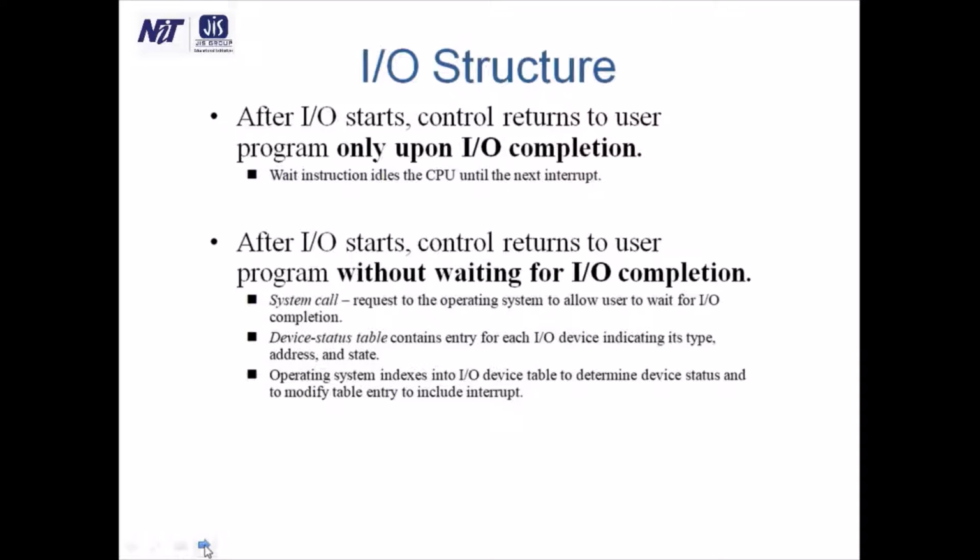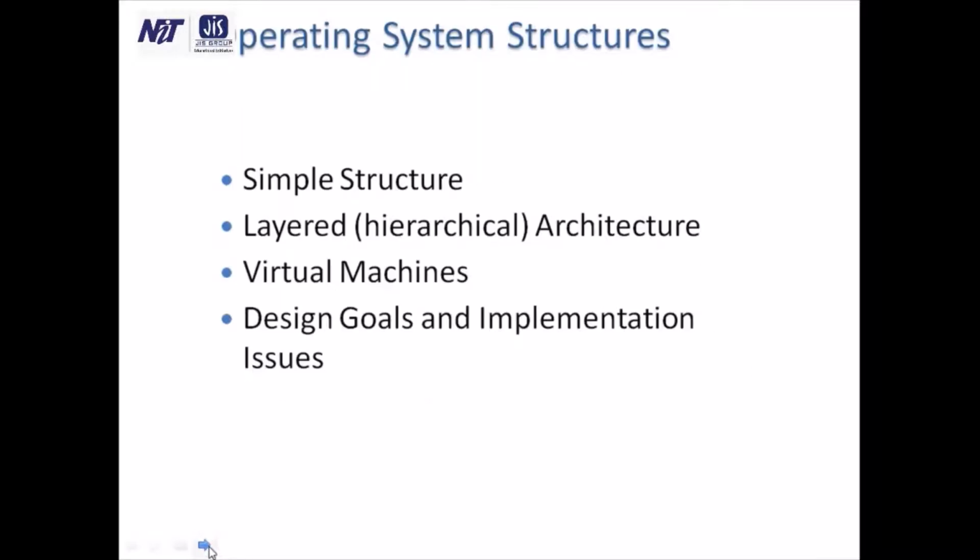A system call is a request to the operating system to allow the user to wait for IO completion. The device status table contains an entry for each IO device indicating its type. Then the operating system indexes into the device table to determine the device status and to modify the table entry, including the interrupt.